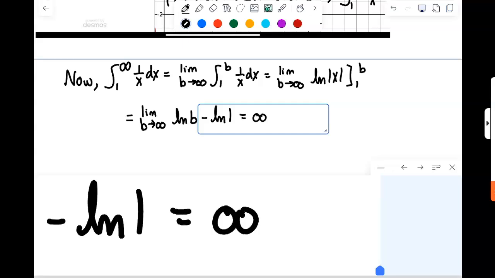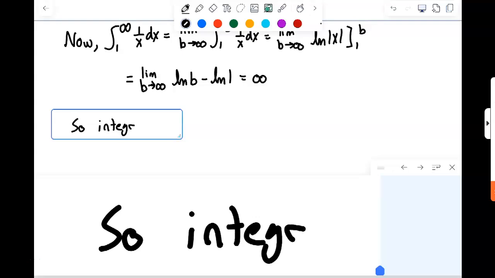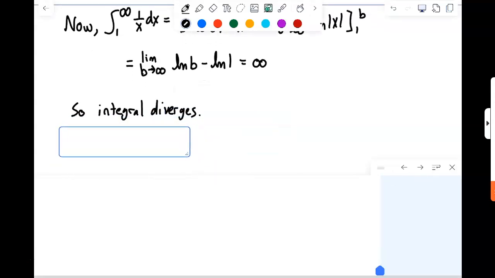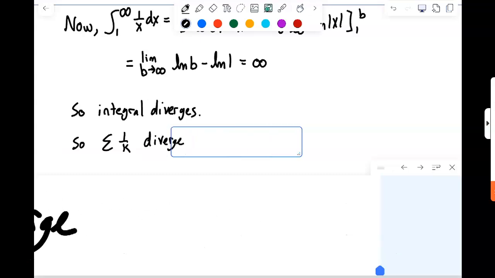Okay, so the area beneath the curve goes to infinity. So the integral diverges. Okay? And so therefore, the series of 1 over k also diverges.